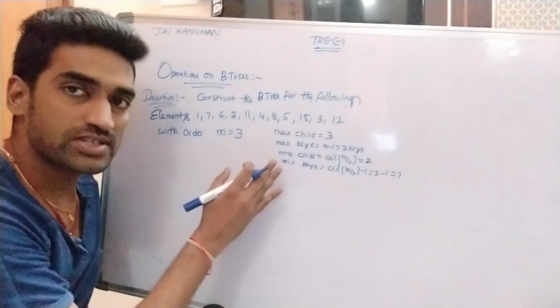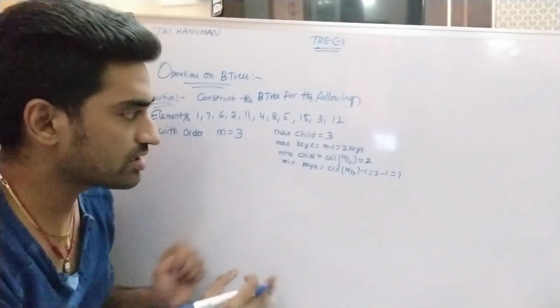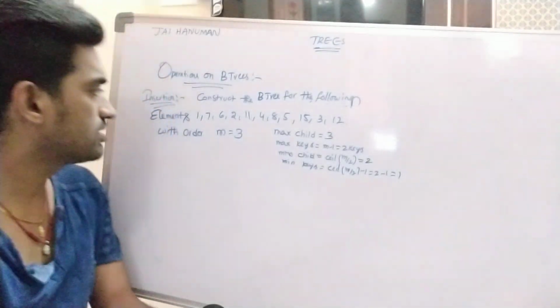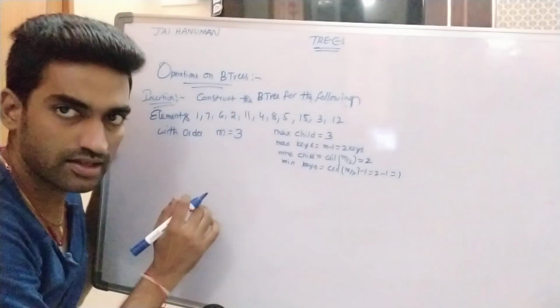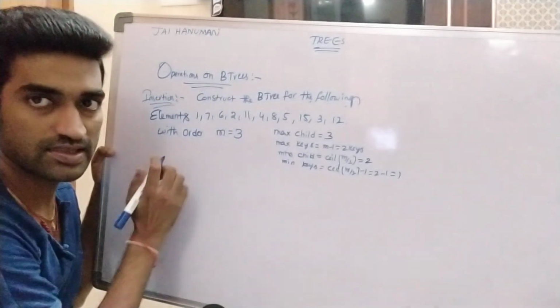So these are the maximum children and keys, and the minimum children and keys, for each and every node. Here I am constructing a third order B tree.